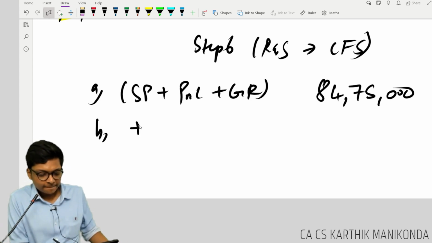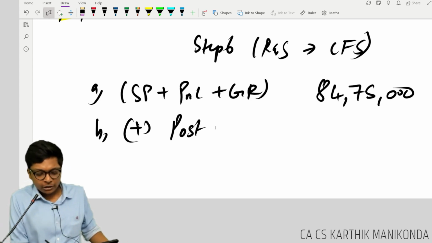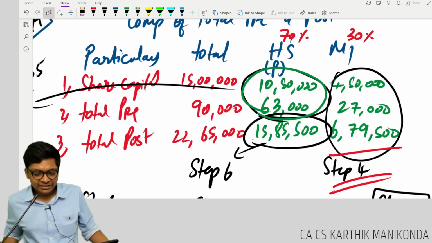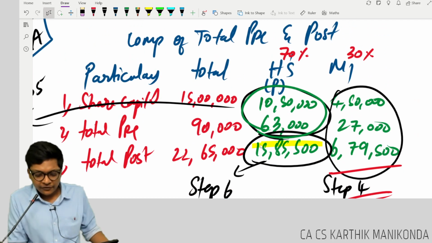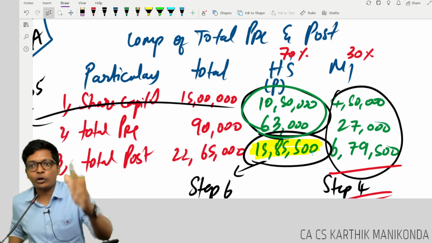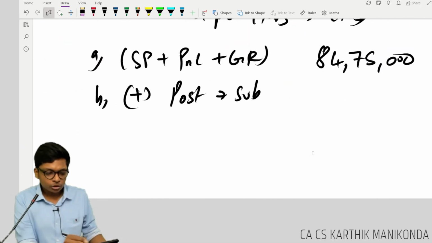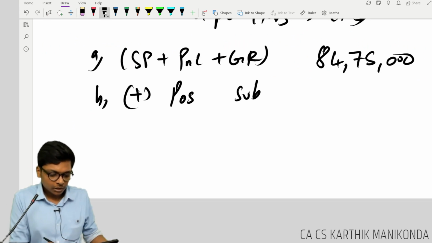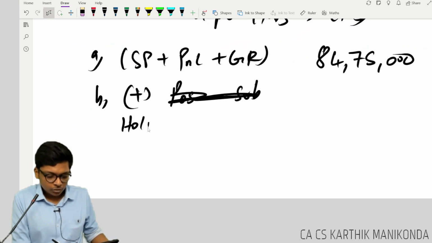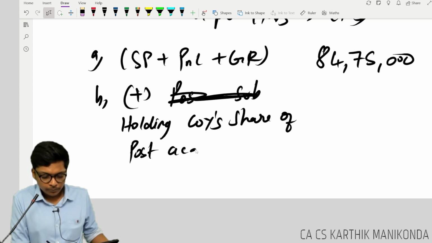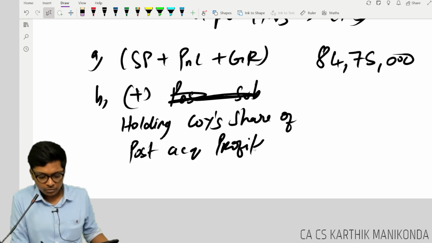Add. Now you will add post acquisition profits of subsidiary which belongs to me, which in this table is how much, guys? 15 lakh 85,500. My share of subsidiary's post acquisition profits. If you want to write the full wordings, it will be holding company's share of post acquisition profits.